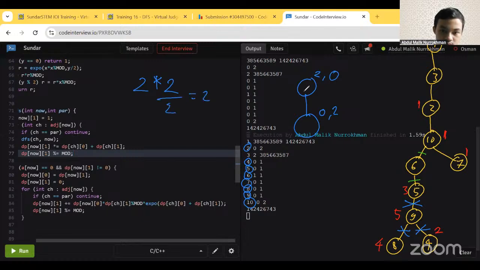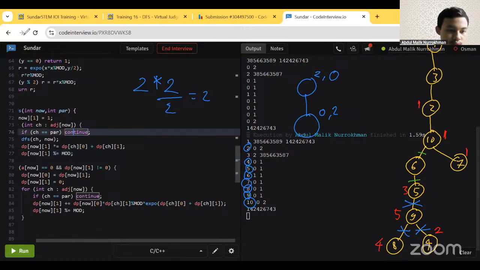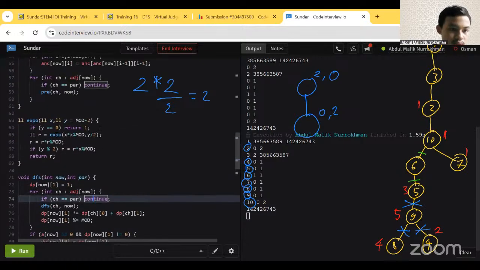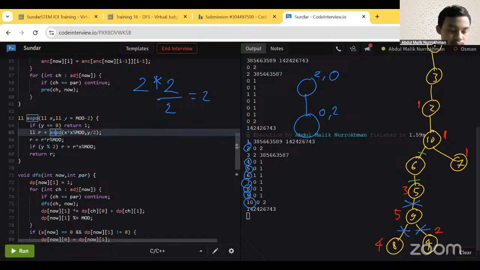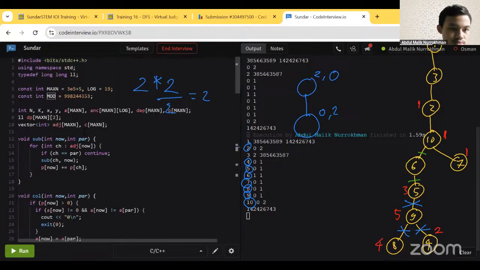Okay, so DP equals 2, right? Maybe I mistakenly created the exponentiation. Modulo is like this, okay?